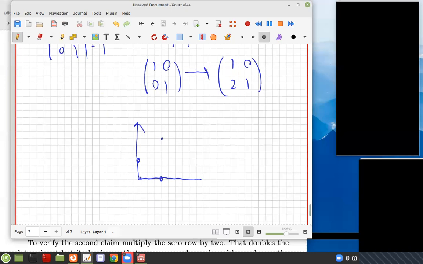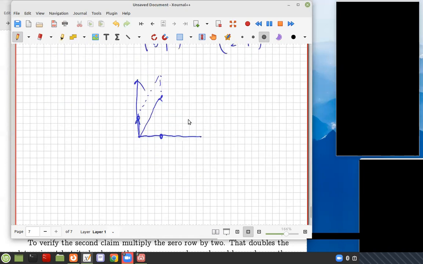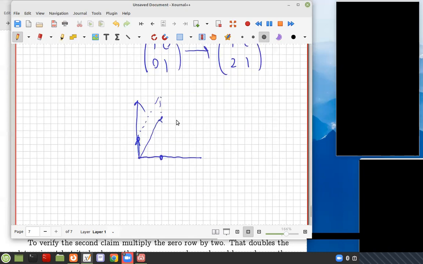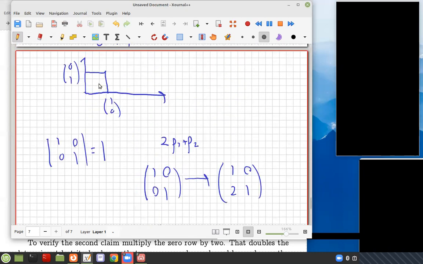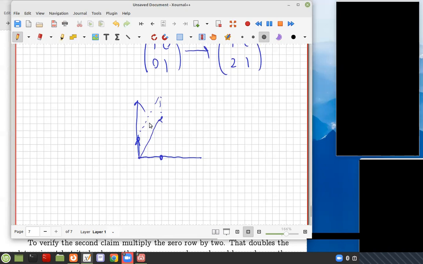So what I have is the transformed first vector, and this is the second one. Basically, this row operation shears this shape into this shape.